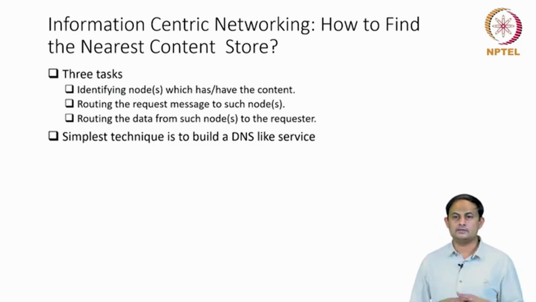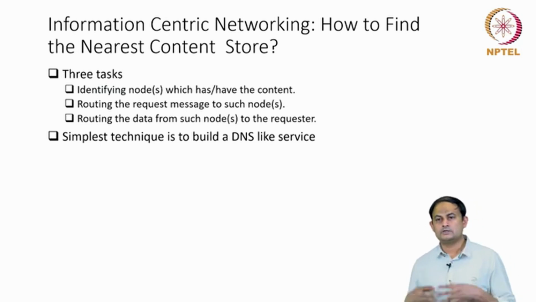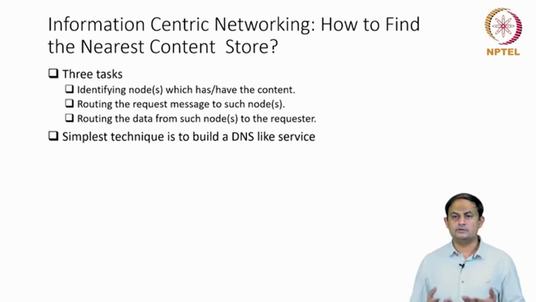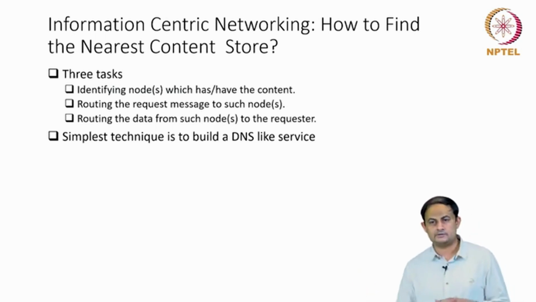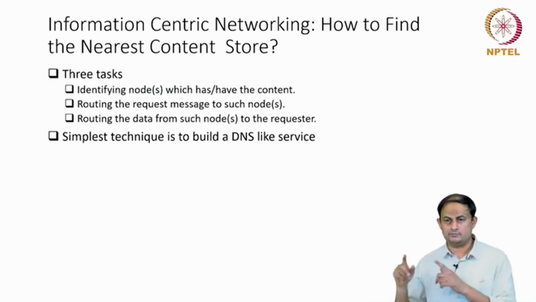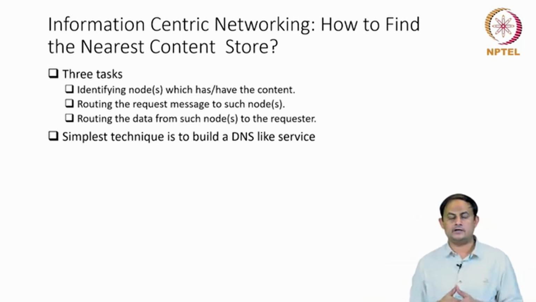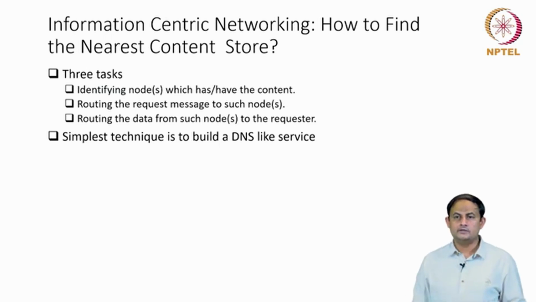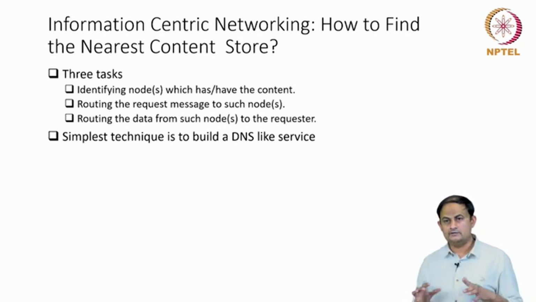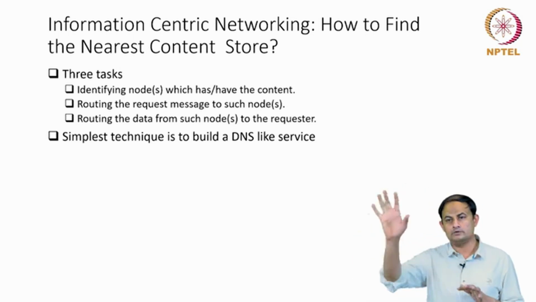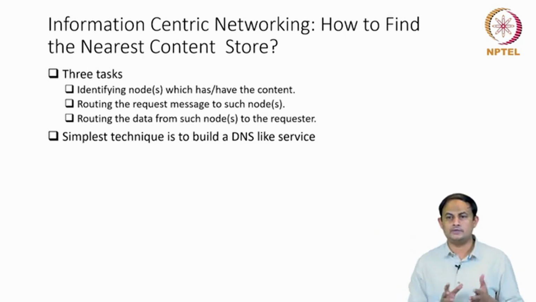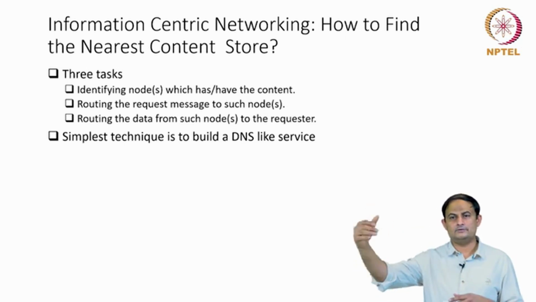What you can think of as the simplest solution is to build a service like the DNS. What the DNS does is the translation of domain names to IP addresses. Domain names and IP addresses point to one particular host to which you establish a connection and then make a request for a particular type of content. What I am referring to here is a service which takes the name as the request, figures out which routers in the network have a copy of that content, and then comes back with an answer.